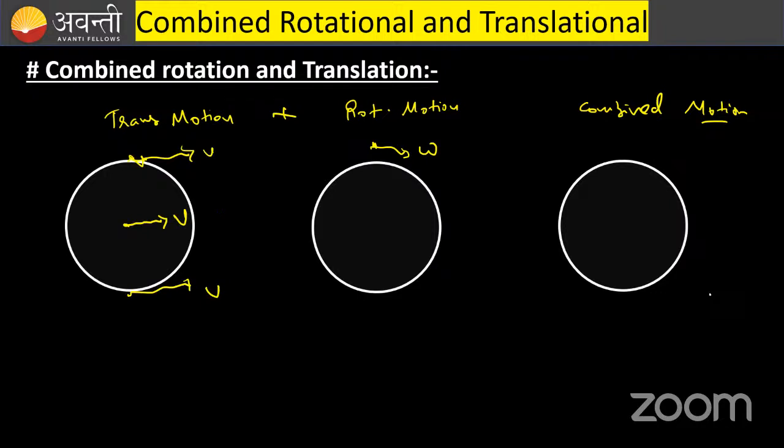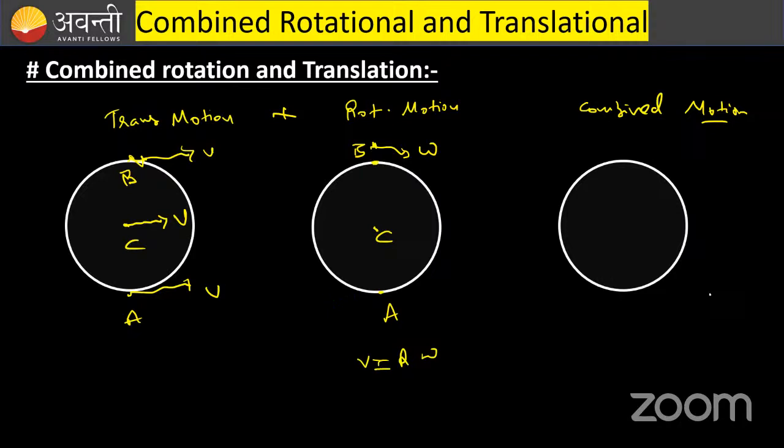Now focus on a few points. Let's suppose this is the center, this is point A, and this is point B. As we all know, if a body is rotating, then points A and B will have linear velocity, V equals R omega.